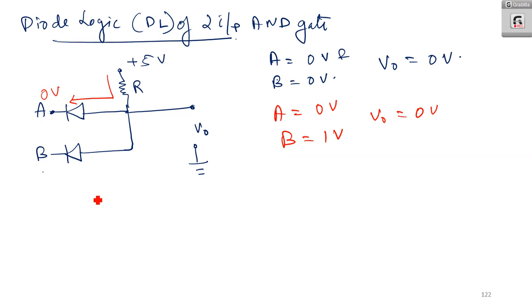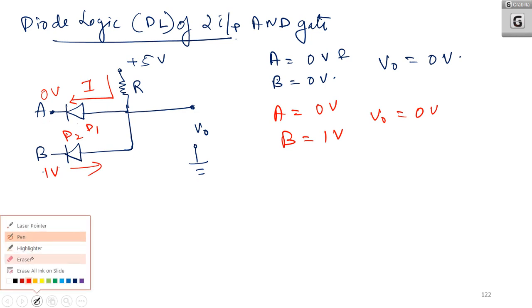So that is regarding when A is equal to 0 volt and B is equal to say 1 volt. Now, when B is equal to 1 volt, there will be a reverse biasing of this diode D2. So the current will not pass through this one, but the current I passes through R and diode 1 and A, and the resultant output voltage will be equal to 0.